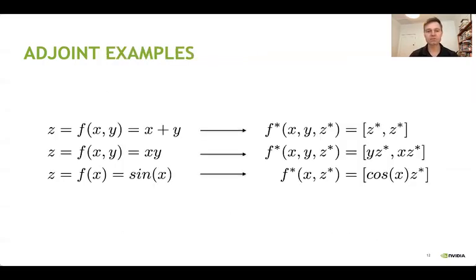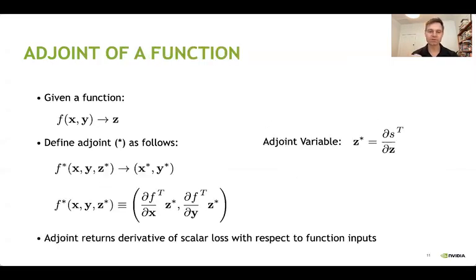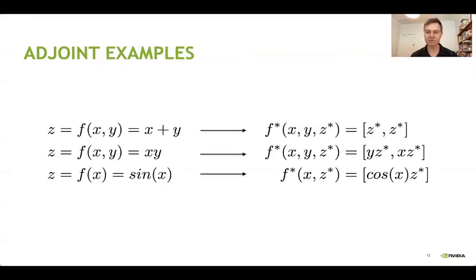So this is like a building block. Once we can do this for a simple function, we can do it for much more complex ones. So let's have a look at some examples just to see how this works. On the top row, we just have a simple addition.